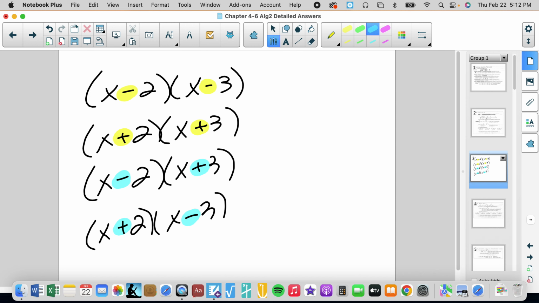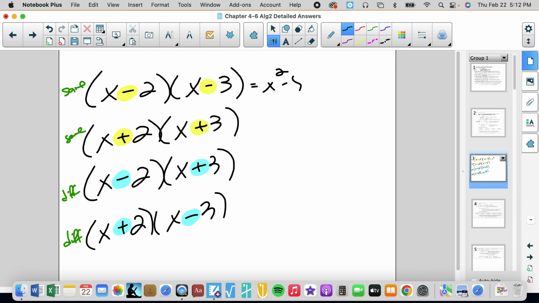So the way we categorize it is these are the same, the signs are the same. What do they produce? And these are when the signs are different. What do they produce? There are things that we will notice about the trinomials that these binomials produce.